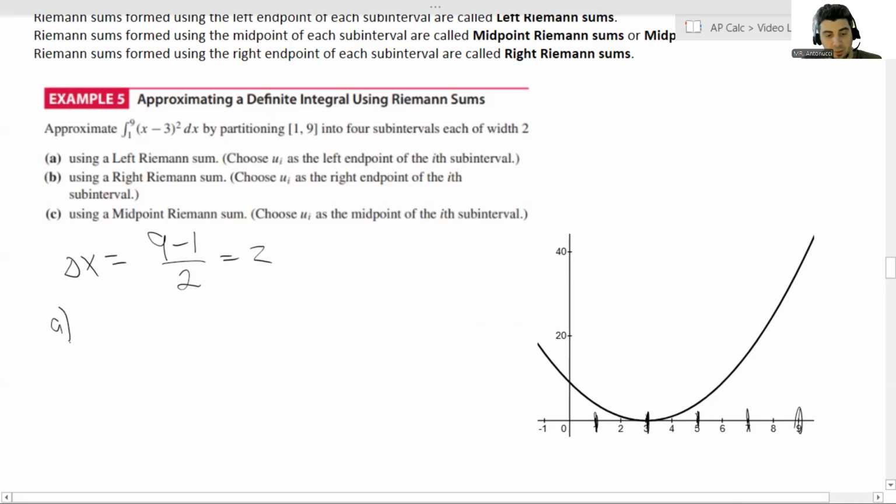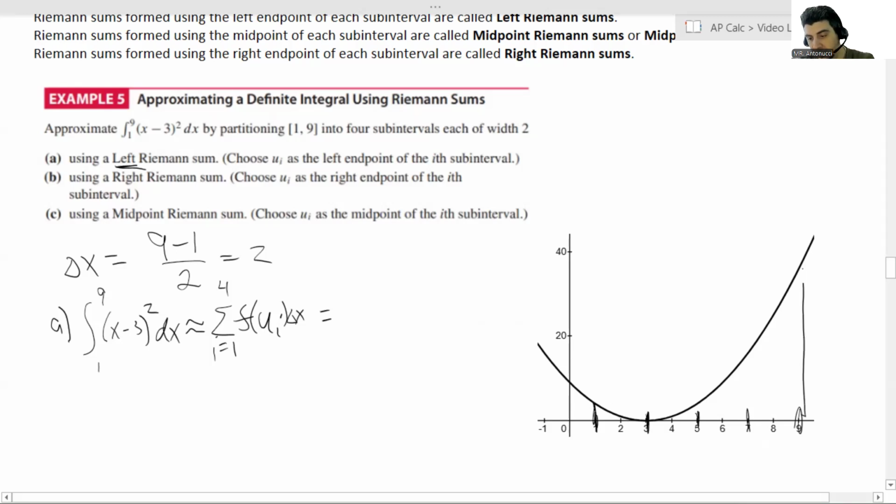So for part A, if we're going to do a left Riemann sum using proper notation, the integral from 1 to 9 of (x minus 3) squared dx is approximately equal to the sum i equals 1 to 4 of f of u_i delta x. Notice we're going from 1 to 9. The first subinterval goes from 1 to 3, so its width is 2, but I'm going to use the left endpoint to designate the height.